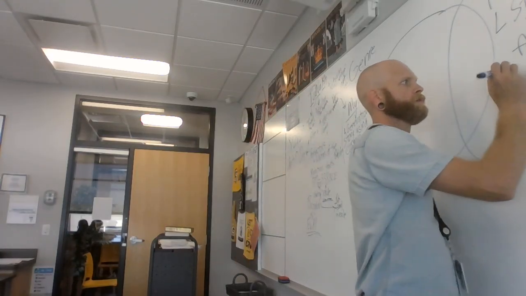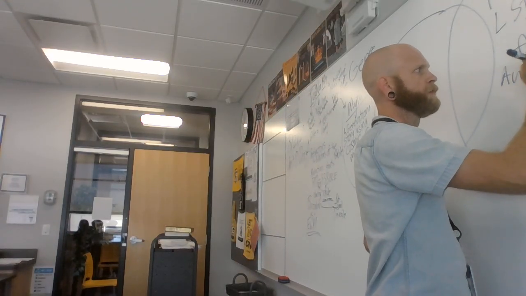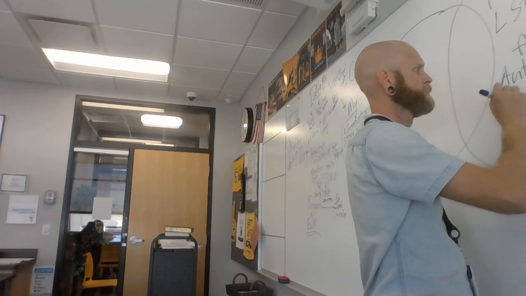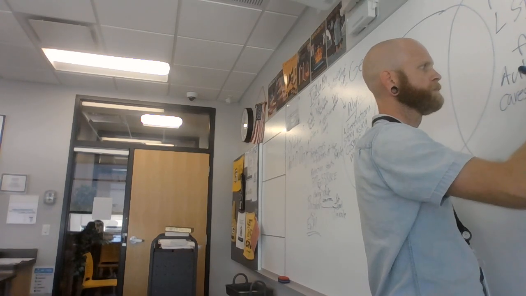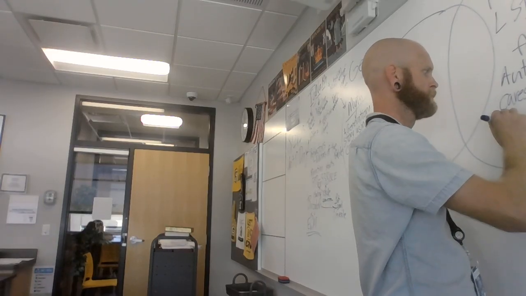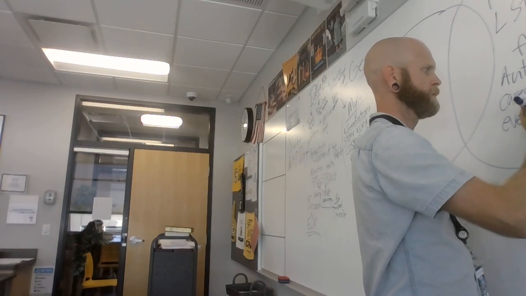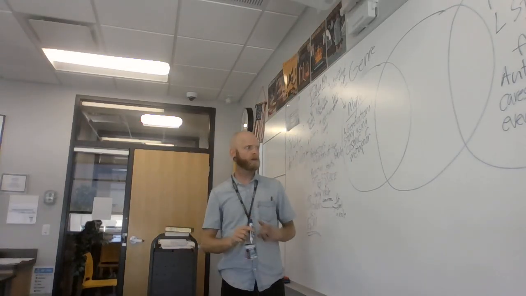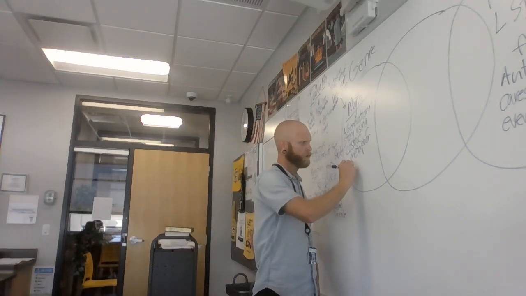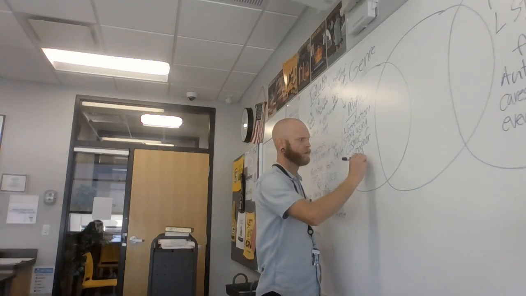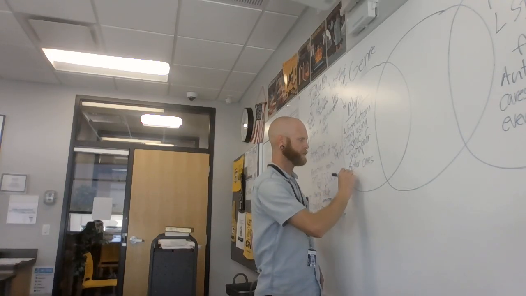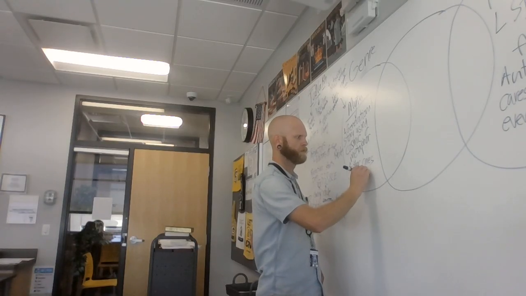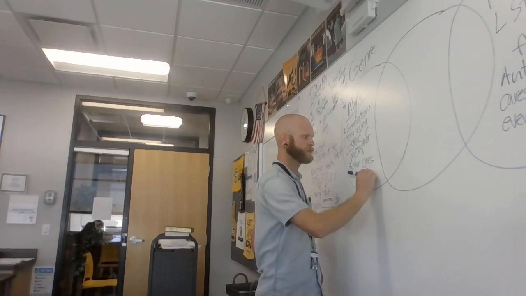Author only cares about events. Over here on history, the author only cares about the events there. Whereas over here, the author cares about morals or beliefs.